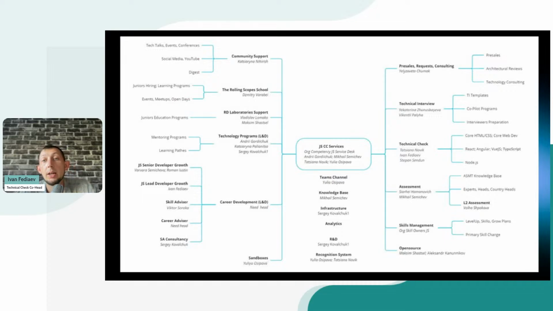And we have career development programs, the bigger ones like Senior Developer Grow or Lead Developer Grow. Also, we have skill advisor and career advisor programs, and all of them are a big part of our L&D.